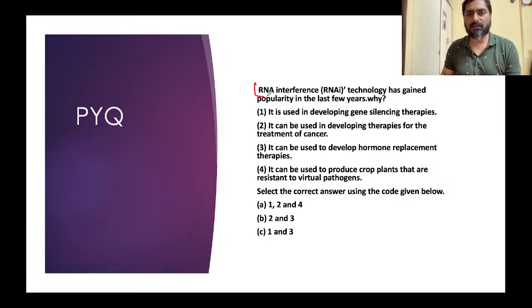RNA interference technology has gained popularity in the last few years. Why?